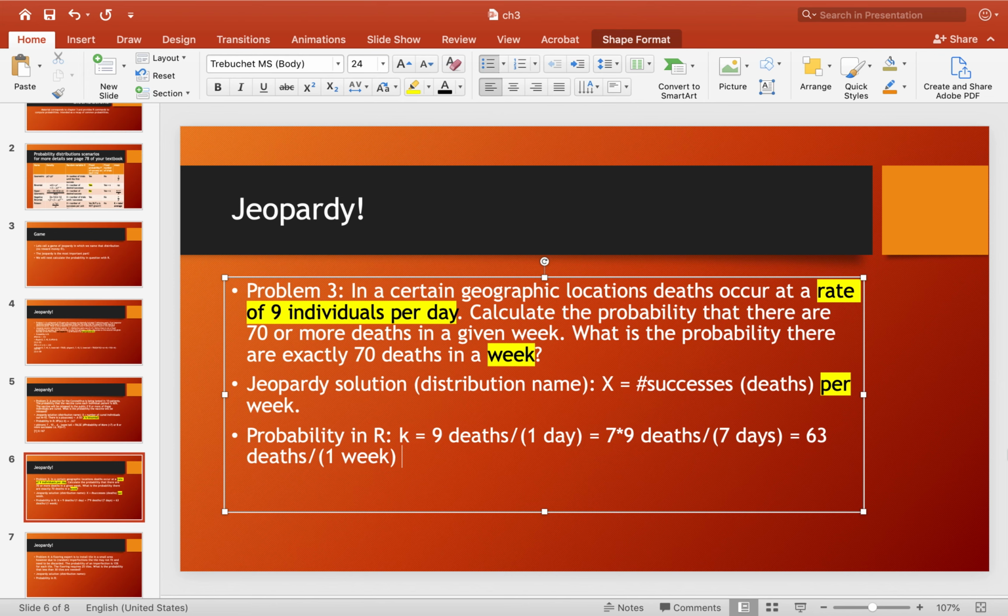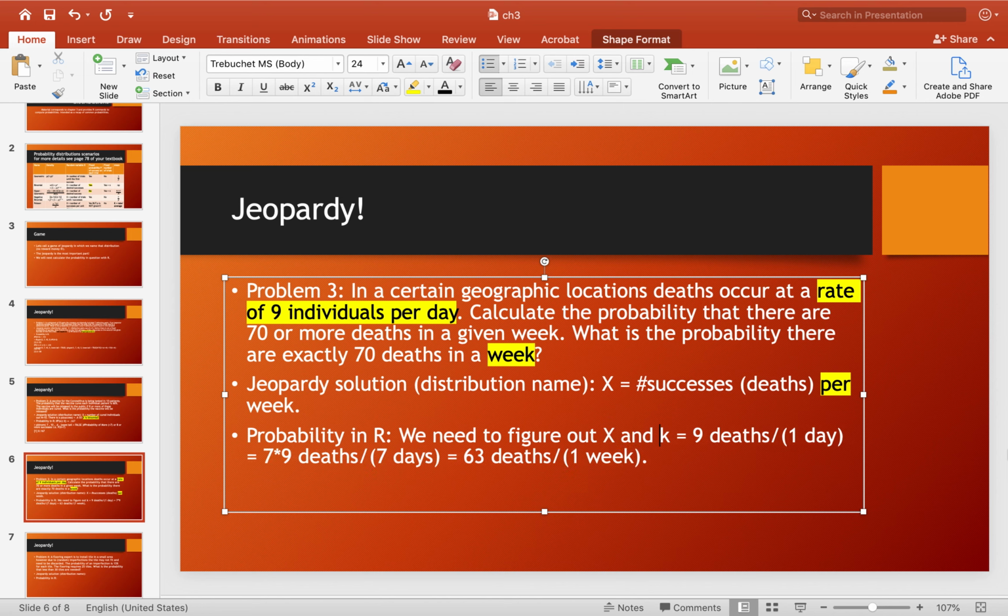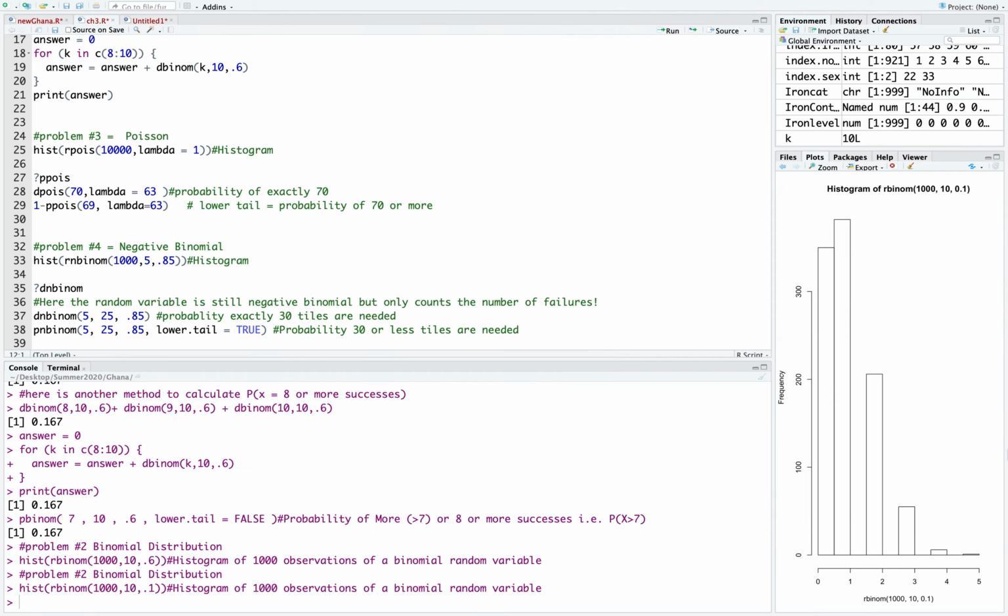Now, this was before we do anything in R. So we need to figure out X and this, K. So now if I'm being asked to calculate probability X is equal to 70 deaths a week, we can do that.